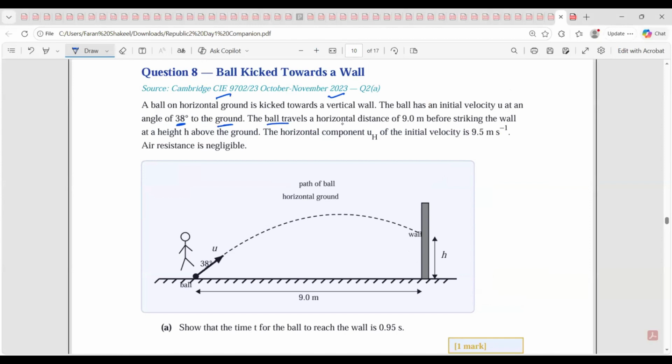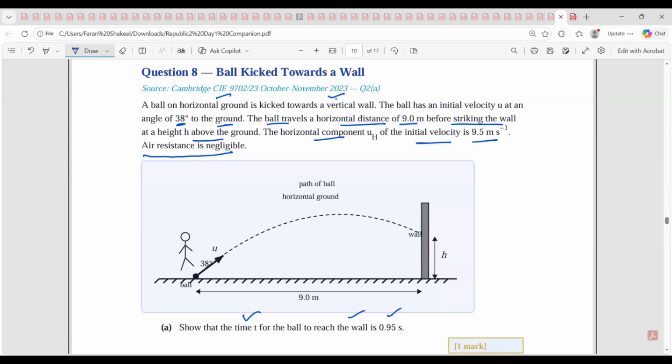The ball travels a horizontal distance of 9 meters before striking the wall at a height above the ground. The horizontal component of initial velocity is 9.5 meters per second, right? So you've got the horizontal component of velocity straight away, okay? And the air resistance is negligible. Show that the time taken for the ball to reach the wall is 0.95 second.